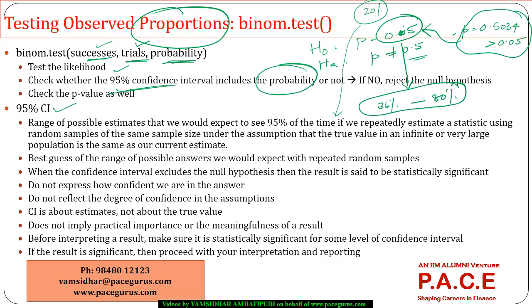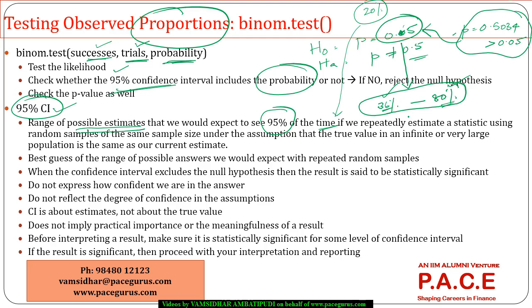Then, looking at the 95% confidence interval, the definition is very important. When I say any confidence interval, it is the range of possible estimates, 36% to 80%, that we would expect to see 95% of the time. So 95% of the time, the probability of success would be anywhere between 36% and 80%.